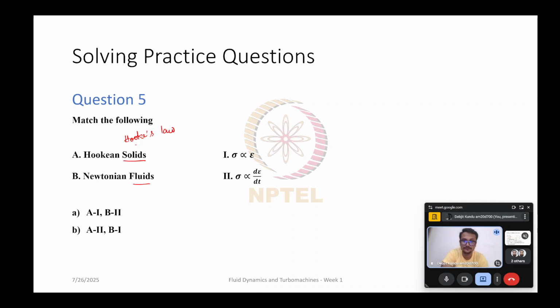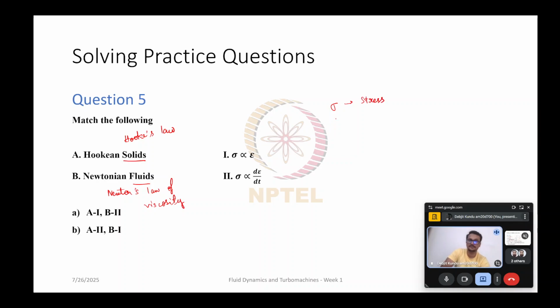Solids which follow Hooke's law are also known as Hookean solids, and fluids which follow Newton's law of viscosity, also known as Newtonian fluids. How are their stress and strain related? Sigma is the stress.